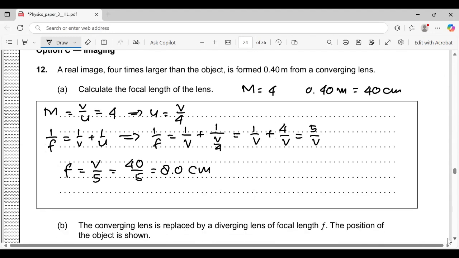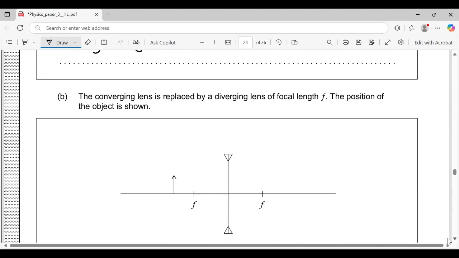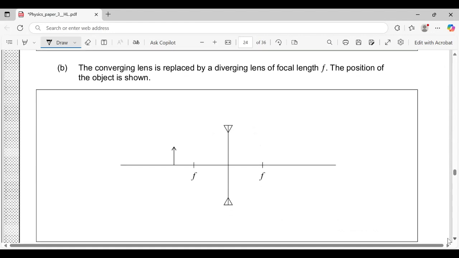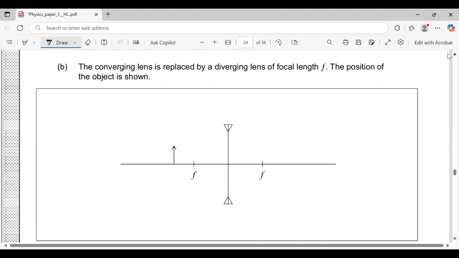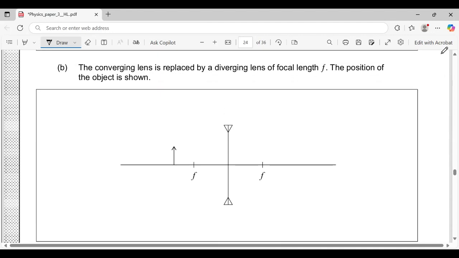Next question. The converging lens is replaced by a diverging lens of focal length f. The position of the object is shown like this. The question: determine using a ray diagram the nature of the image formed. We need to sketch first.